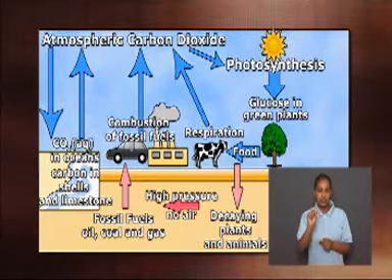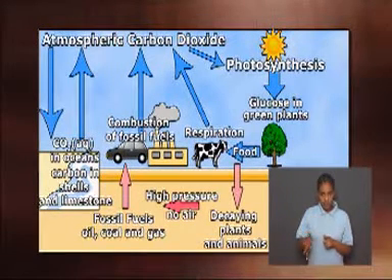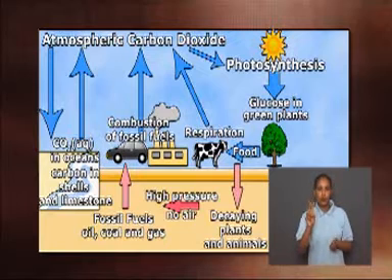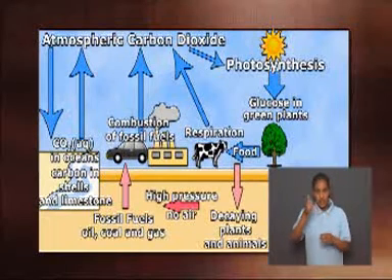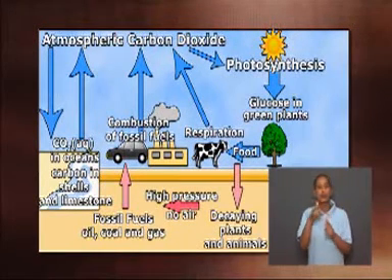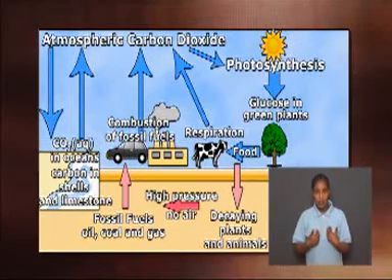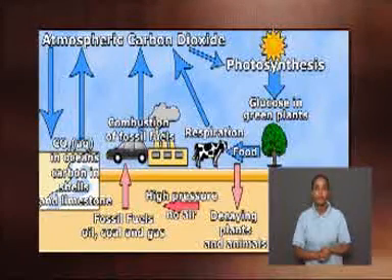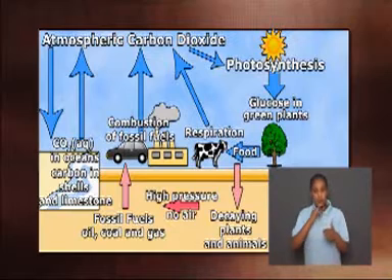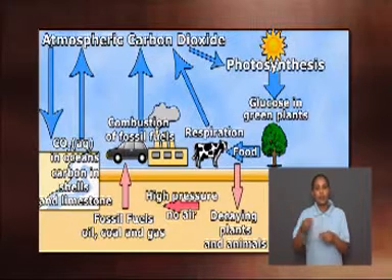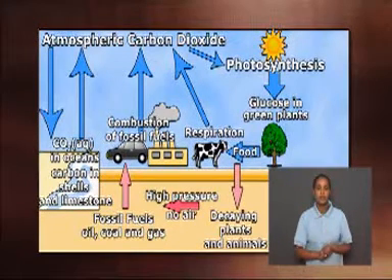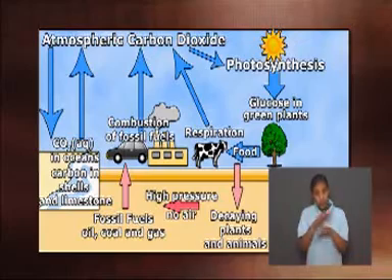As you can see in this image, green plants convert carbon dioxide from the Earth's atmosphere and water into glucose and oxygen in the presence of sunlight. This process is called photosynthesis. In fact, you probably already learned about this in biology.